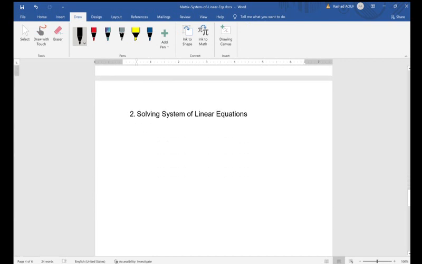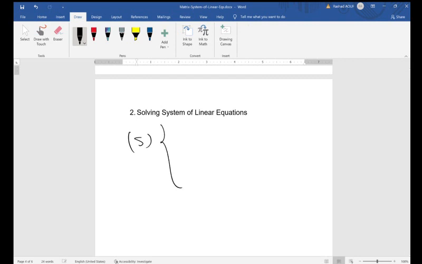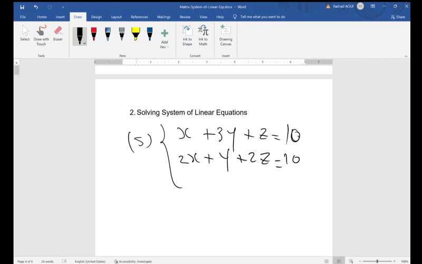In this video, I give you a system S of linear equations: x plus 3y plus z equal to 10, 2x plus y plus 2z equal to also 10, and x minus 2y minus z equal to minus 6.